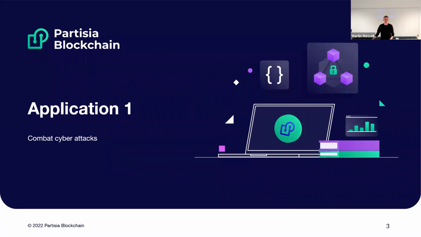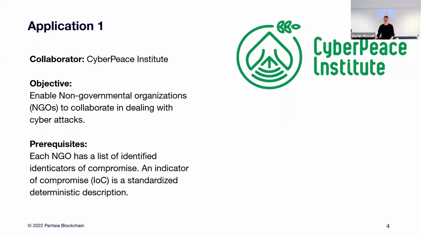So the first application, which is to combat cyber attacks, is made in collaboration with the Cyber Peace Institute, where the objective is to enable non-governmental organizations to collaborate in dealing with cyber attacks. So the prerequisite is that each NGO already has a list of identified identifiers of compromise, where an identifier of compromise, IOC, is a standardized deterministic description of, exactly that, an indicator of a compromise.